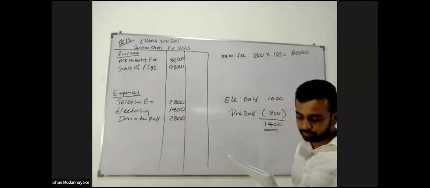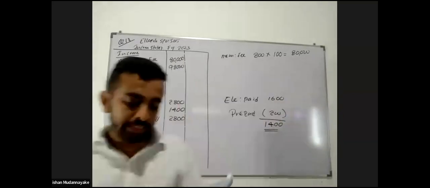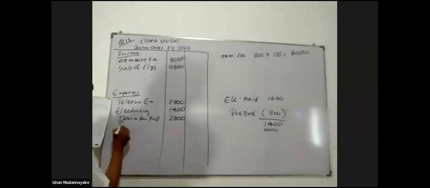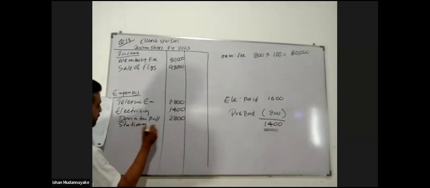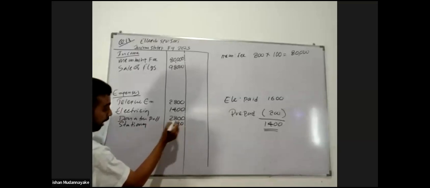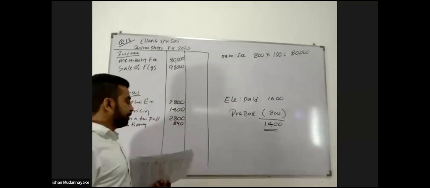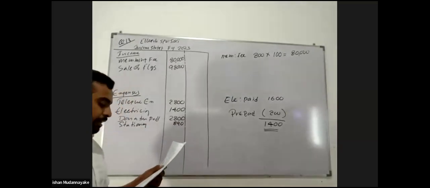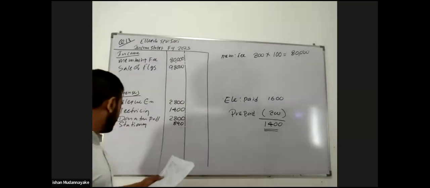And then next one. Stationary purchases 890. Another expense, cash book credit. Stationary expenses we have paid in cash.